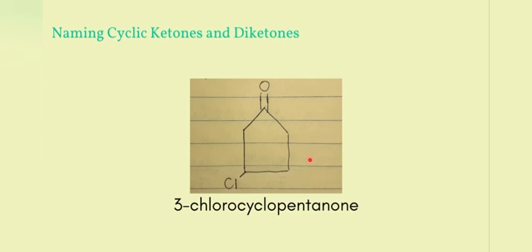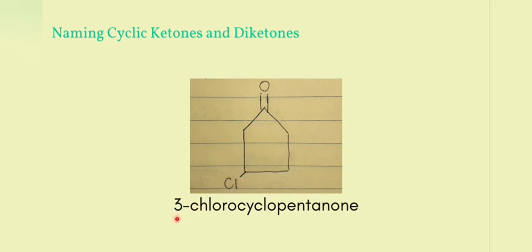So when we name cyclic ketones and diketones, this one, 3-chlorocyclopentanone. And for this one, when we count, this would start here, since ketones have higher priorities than chlorine. So 1, 2, 3.